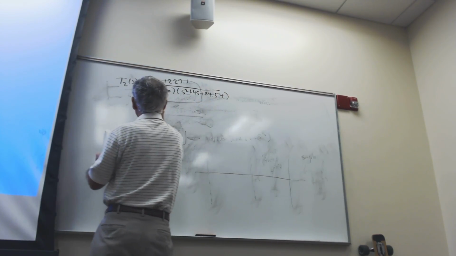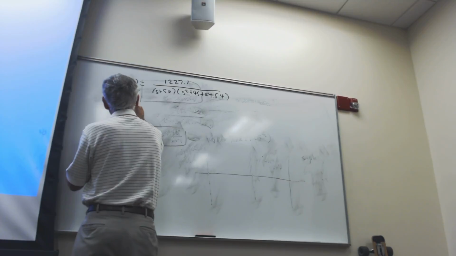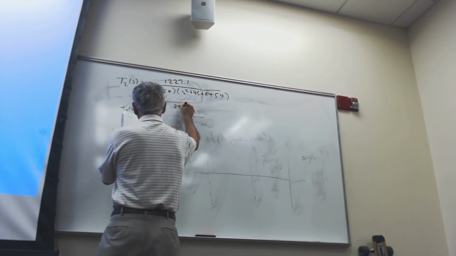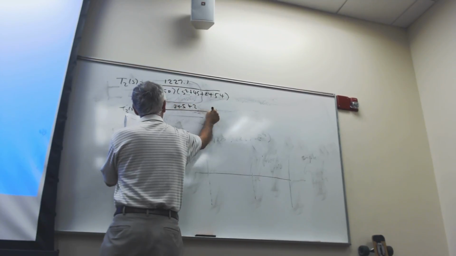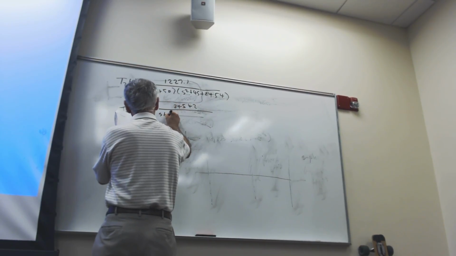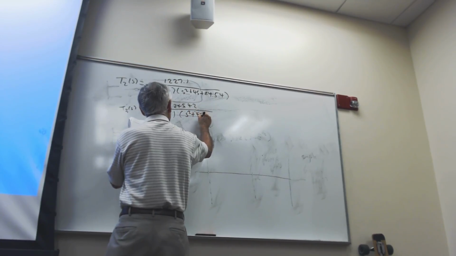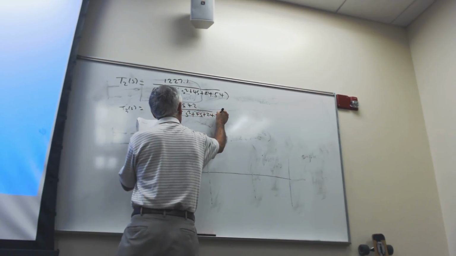Another one, T3 of S, is equal to 245.42 over S plus 10, with the same quadratic factor, S squared plus 4S plus 24.54.